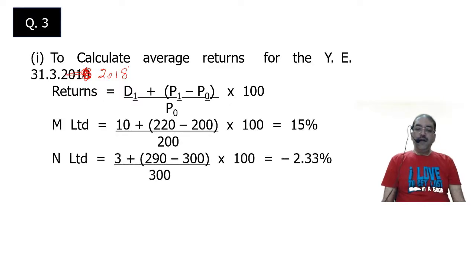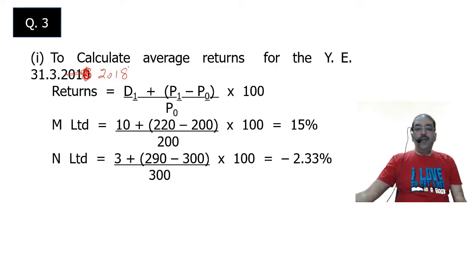For N Limited, dividend is 3 rupees. Rate of dividend is given. Calculate that rate of dividend on the face value. Dividend is always to be calculated on the face value. So what is the dividend for the first year?